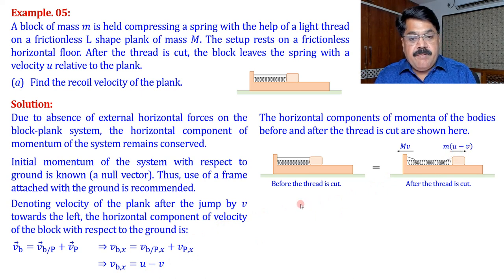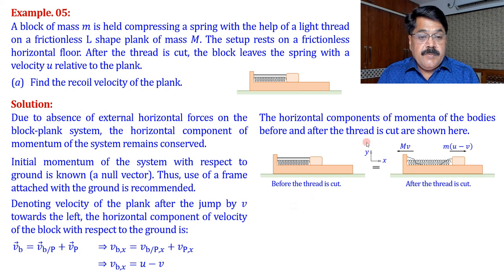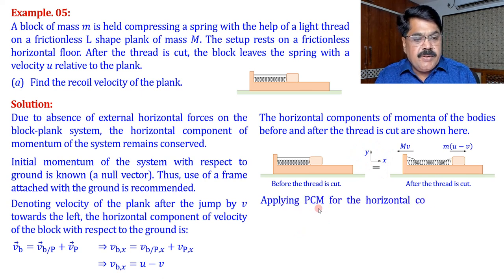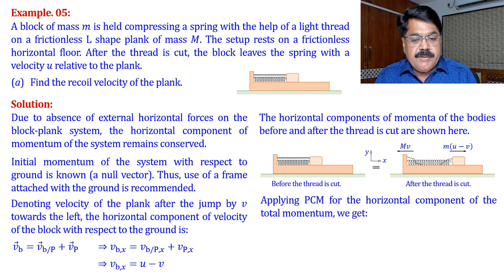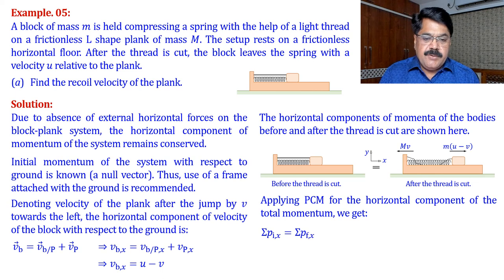Now applying conservation of momentum, we could have x and y components, but there is no need to write the y component equation, only the x component. Applying conservation of momentum for the horizontal component of the total momentum, we get P initial x equal to the sum of P final x. Initial momentum is 0.